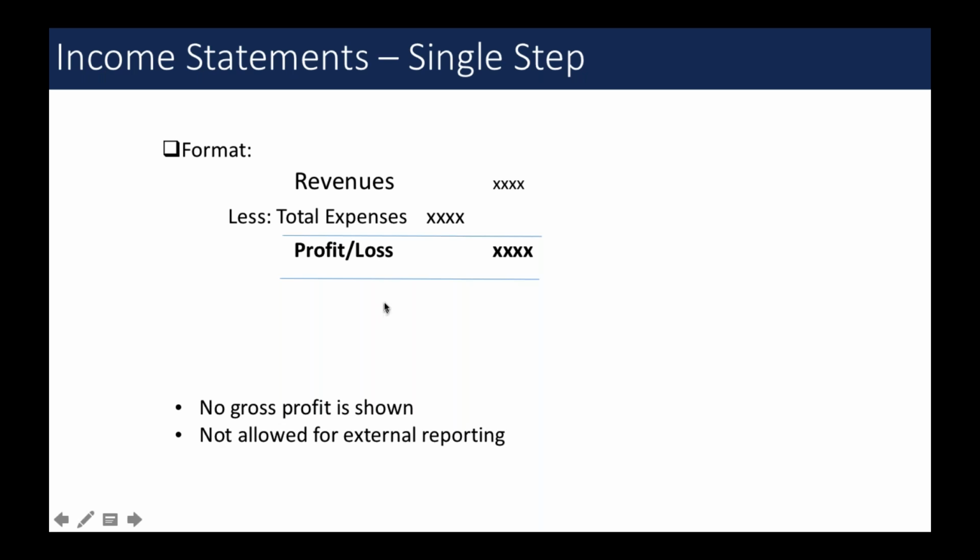We are just considering the total revenues and total expenses, compare both, and the resulting figure we call it as either net profit or net loss. It doesn't give you a proper meaning because you do not have classified revenues, total expenses.